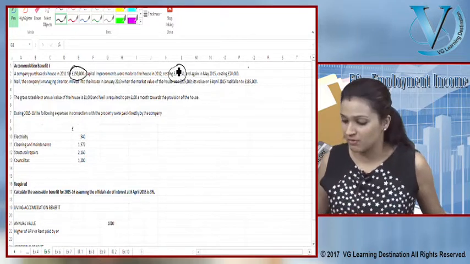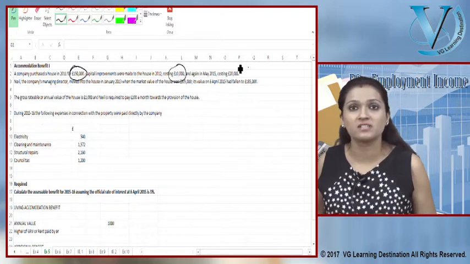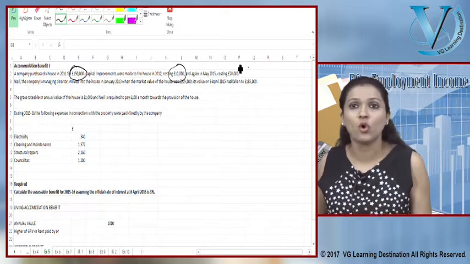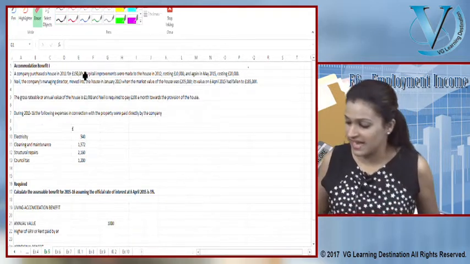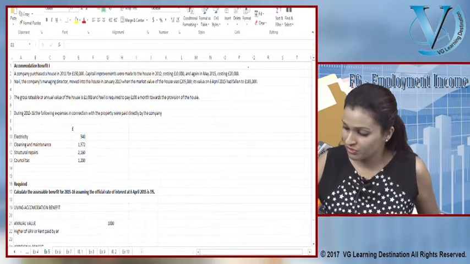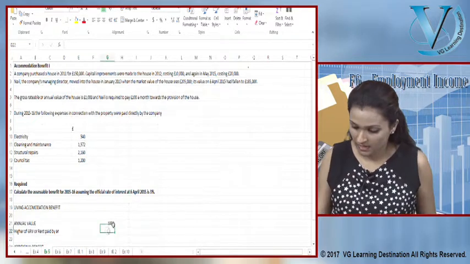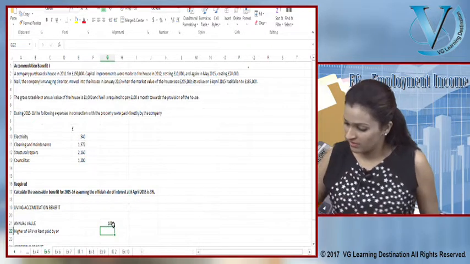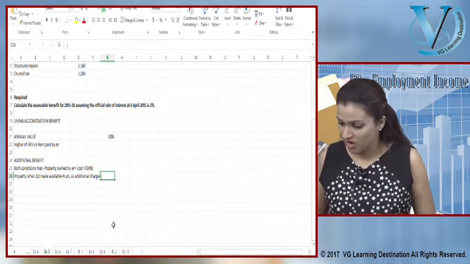Why? Because this is during the current year, after the start of the current year. So definitely it isn't going to be ignored this year around. So you take 150 plus 10, which is the cost of the building, in order to calculate the additional charge on the building.